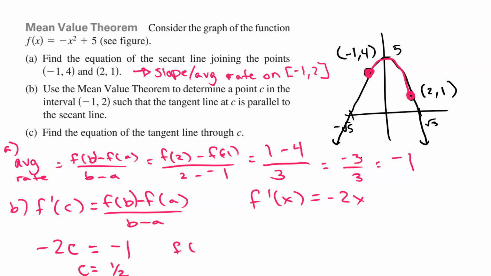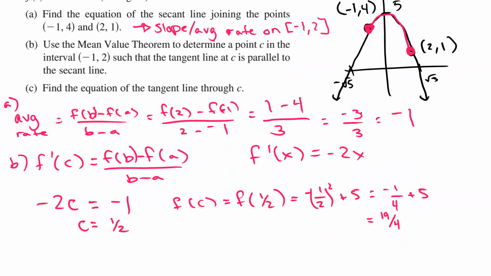And then to find our y value, we plug the 1/2 into our equation. So I've got negative 1/4 plus 5, which is going to be 4.75, right? Or 19/4, I do believe.